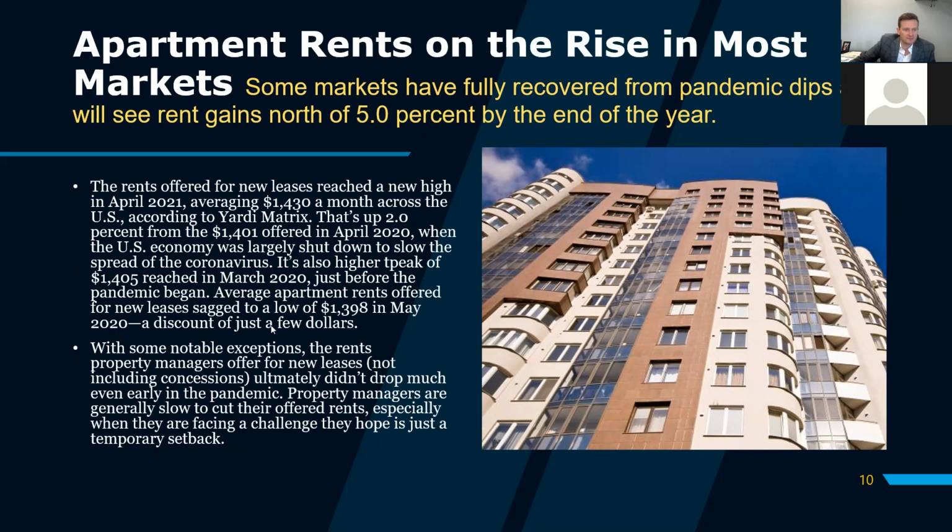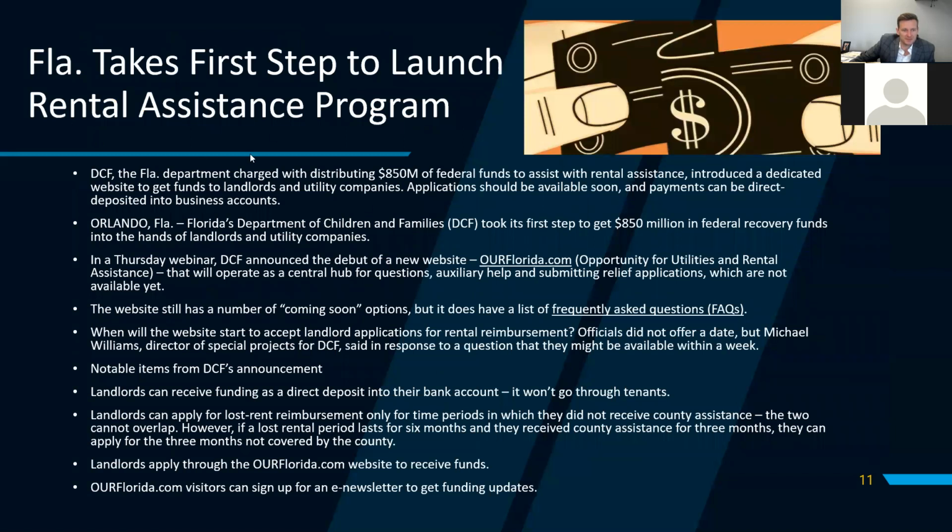So this again is good news. It says with some notable exceptions, the rents property managers offer for new leases, not including concessions, ultimately didn't drop. Which is good, because some apartment owners did get hurt. A lot of other asset classes, obviously office, some retail, got hurt pretty bad, but things are coming around. But some of the owners that did get hurt, Florida has taken its first step to launch a rental assistance program for landlords.